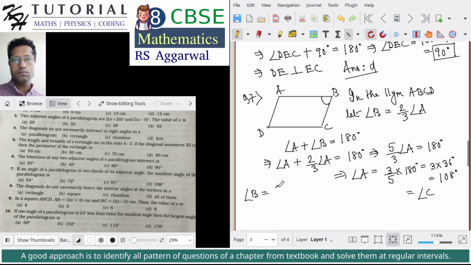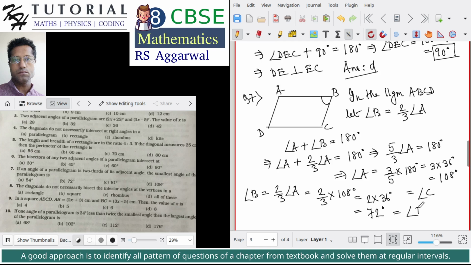Angle B is 2/3 of angle A, which is equal to 2/3 multiplied by 108 degrees, which is 2 multiplied by 36 degrees, equal to 72 degrees. Also we could have found angle B as 180 degrees minus angle A. 180 degrees minus 108 degrees is 72 degrees.